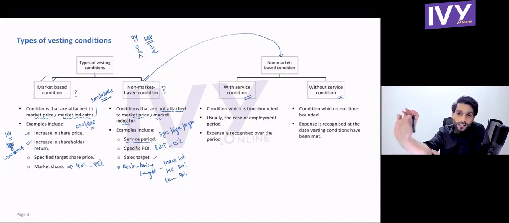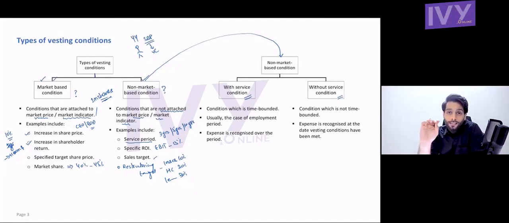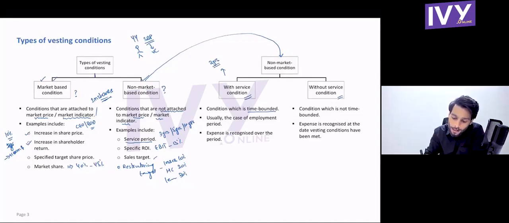You see, with service condition is a vesting condition which is time bounded. For example, I call my employee and say that you have to work with me exclusively for another 3 years, and then you will be entitled to 100,000 shares. Right?